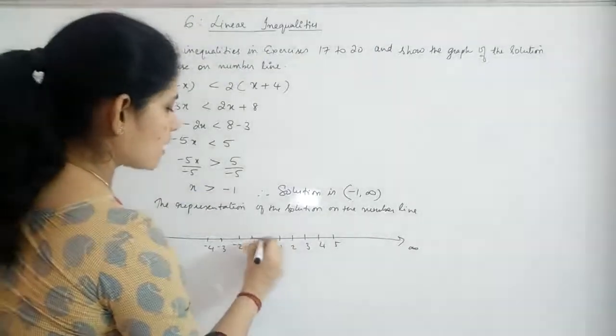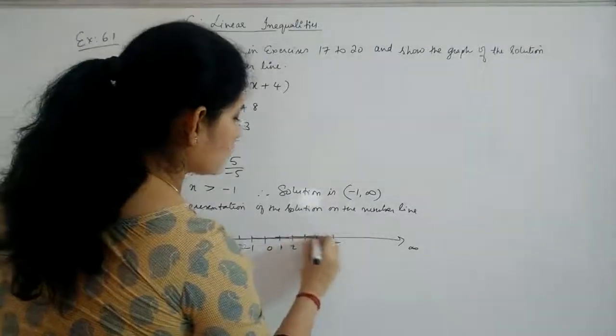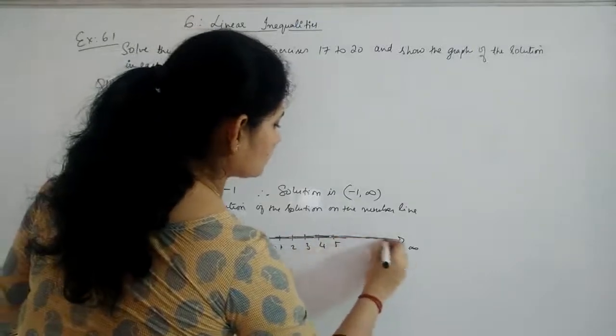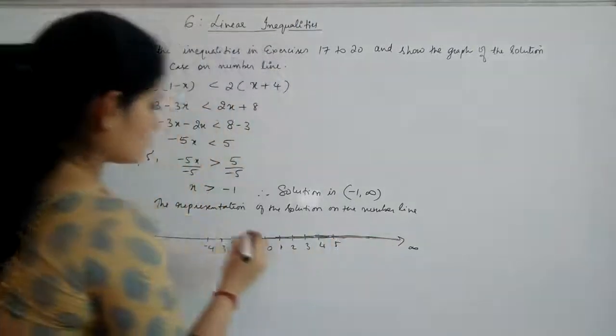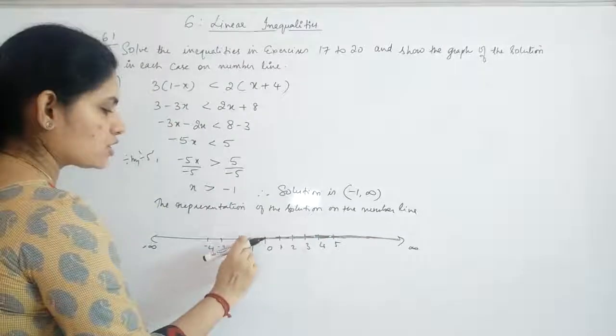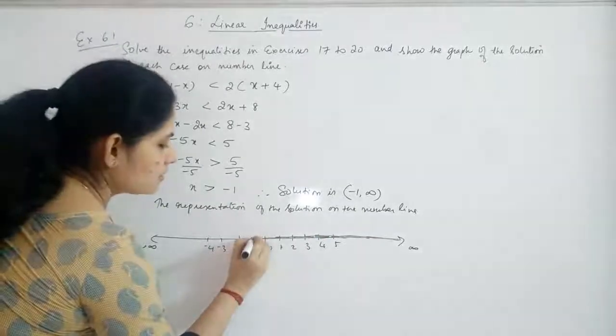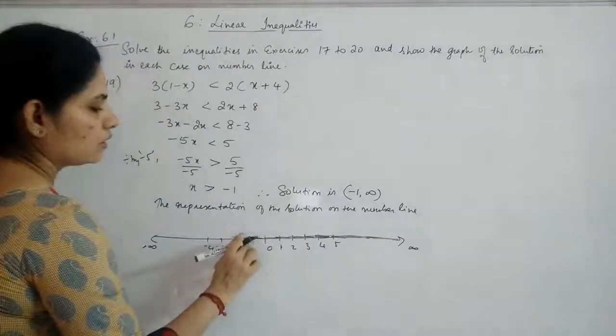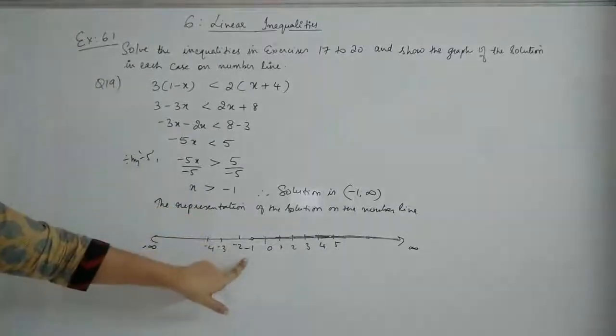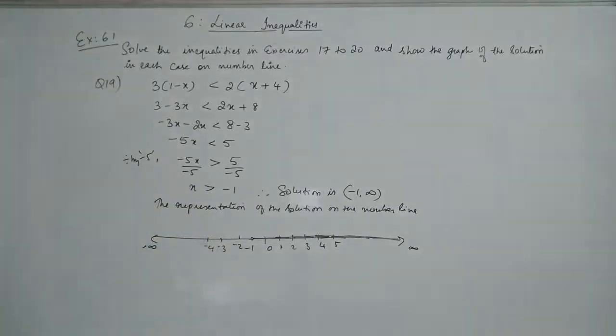You have to just darken this part of the number line. And what about -1? It should have a hollow circle, that is not including the value -1. Okay.